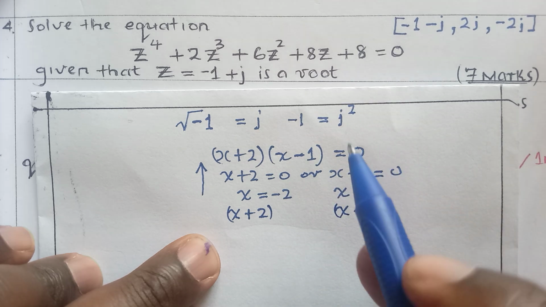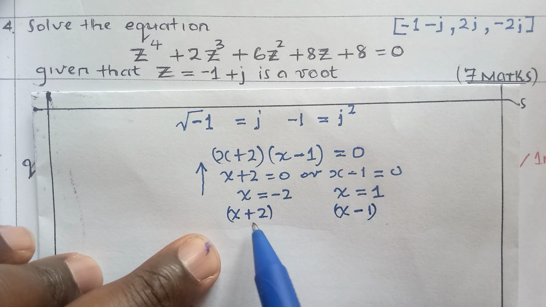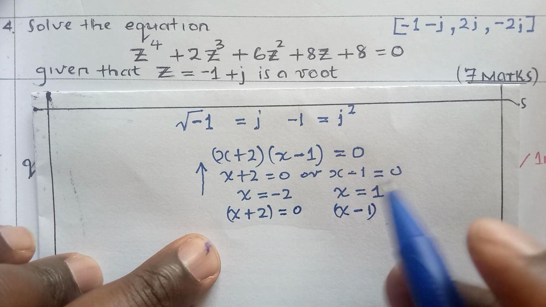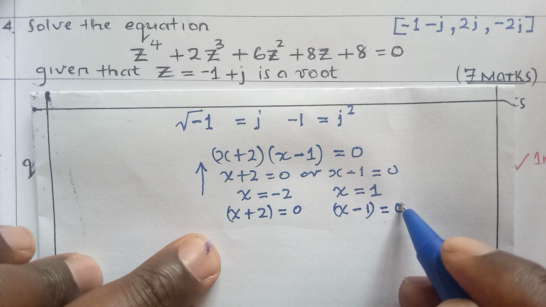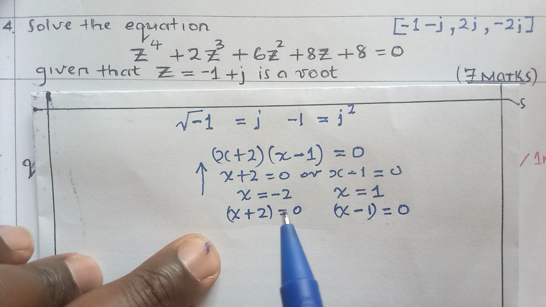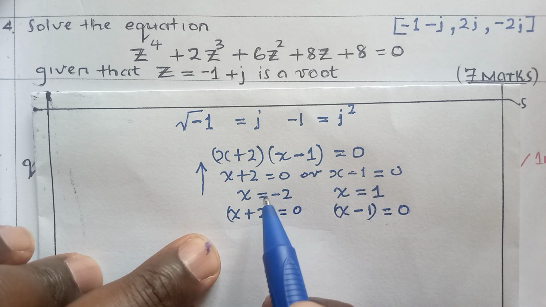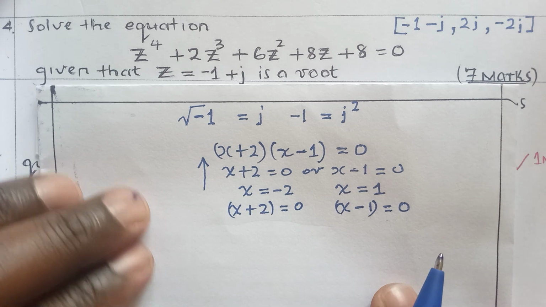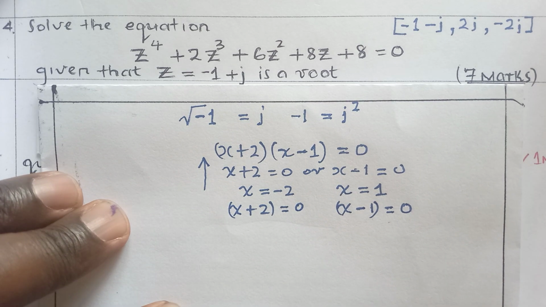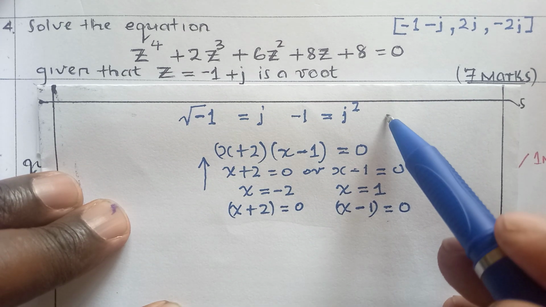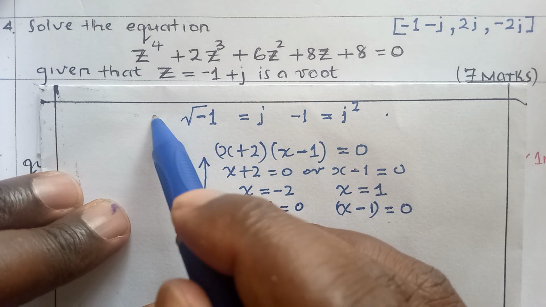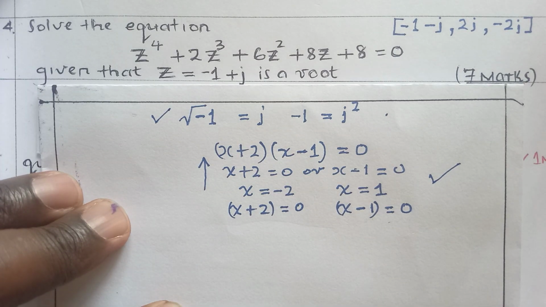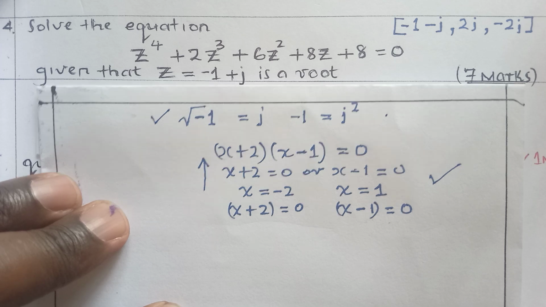So these two now become the factors, and they are also supposed to be equal to 0. So if you are given the roots, you can go in reverse and get your factors. As we do this equation, we are going to consider these two conditions. So let's start our question.